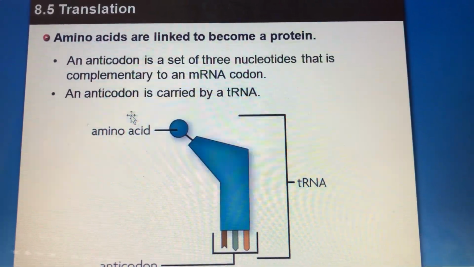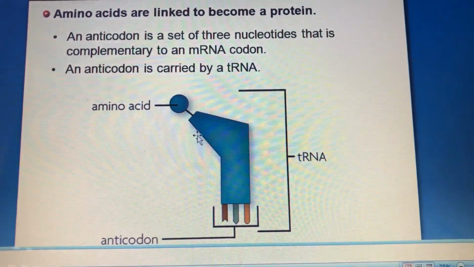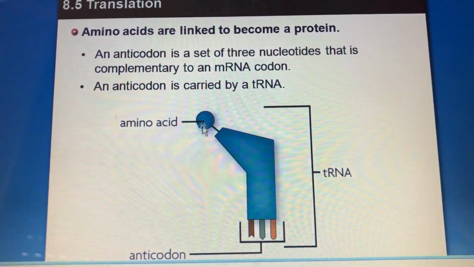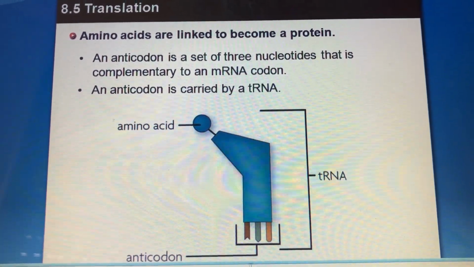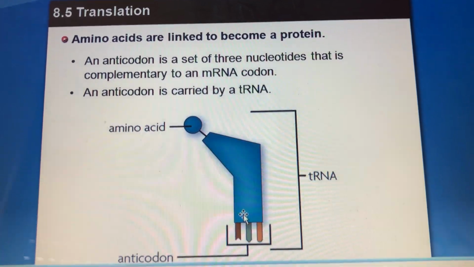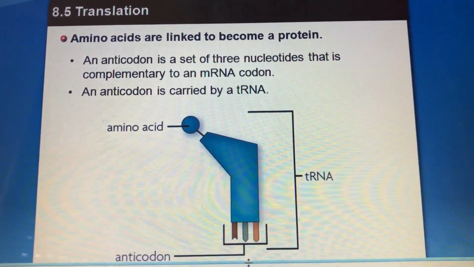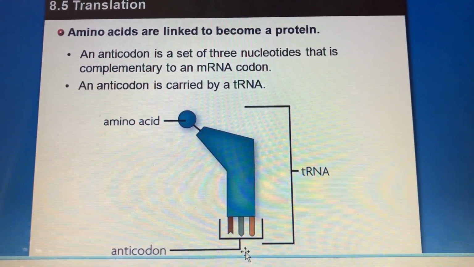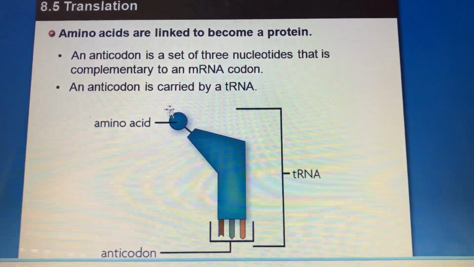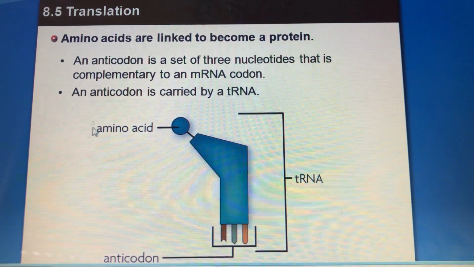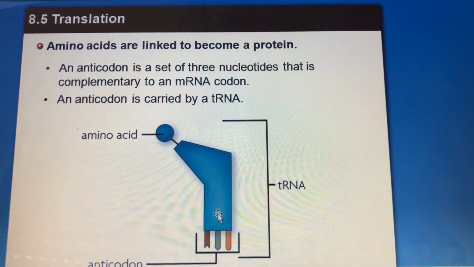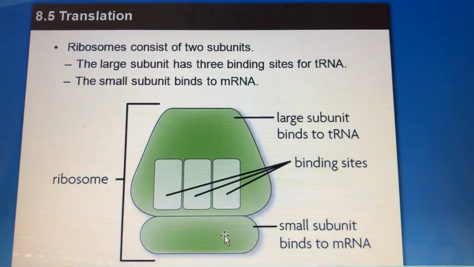Now, an anticodon is carried by a tRNA, and this codes for a certain amino acid. So look at the tRNA, at the bottom of the tRNA you have the anticodon which will be joined to the mRNA codon, and the upper part is the amino acid which this tRNA brings from the cytoplasm according to its anticodon.